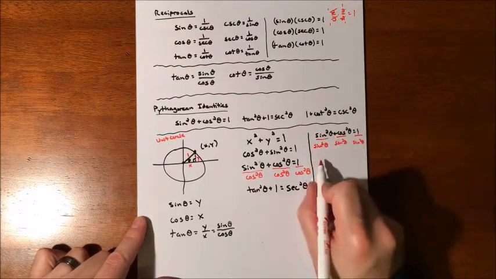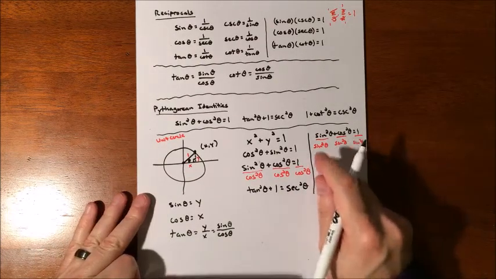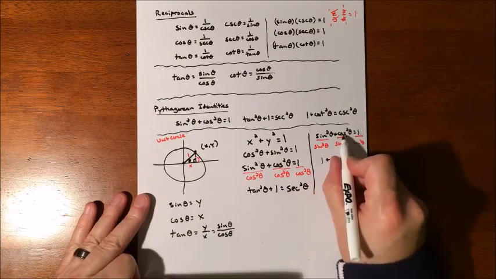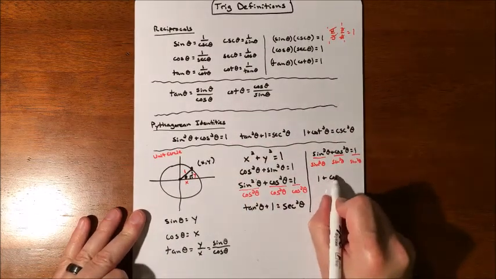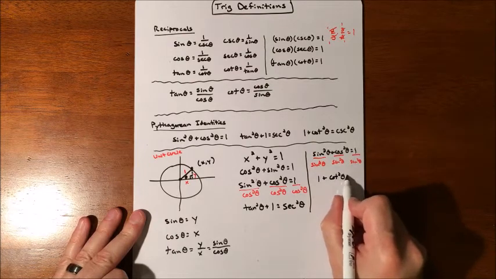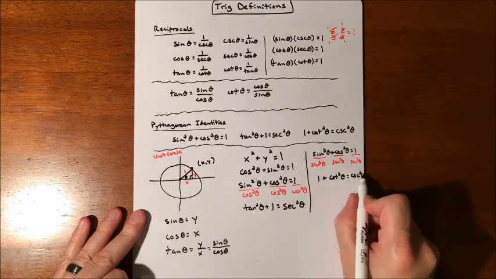That becomes 1. That becomes 1, plus cosine over sine is cotangent, so cotangent squared. And then this would be cosecant squared.